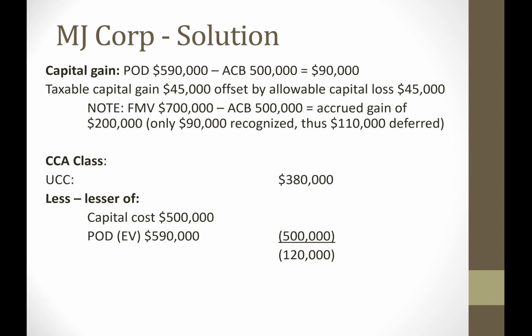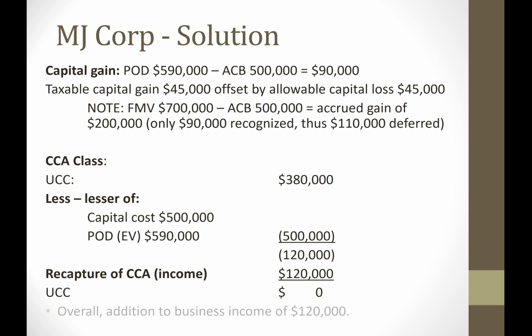And we learned that when we're dealing with CCA classes, whenever there's a negative amount and it remains negative, that amount has to be brought back into income. That essentially means we took too much CCA, and so we have what's called recapture. And so Lucy's going to have to bring in 120,000 into her income for the year.